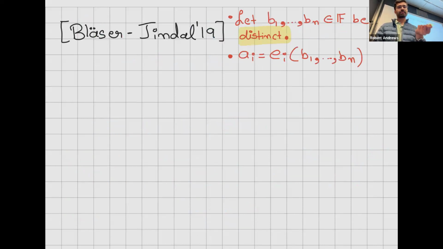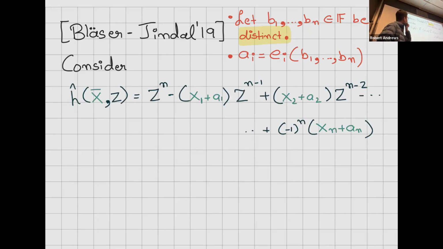They take some distinct elements B1 up to Bn in the field and let Ai be the ith elementary symmetric polynomial in the Bi's. And they define a small perturbation of H. So they define H hat, which is basically each coefficient perturbed by A1, A2 up to AN.